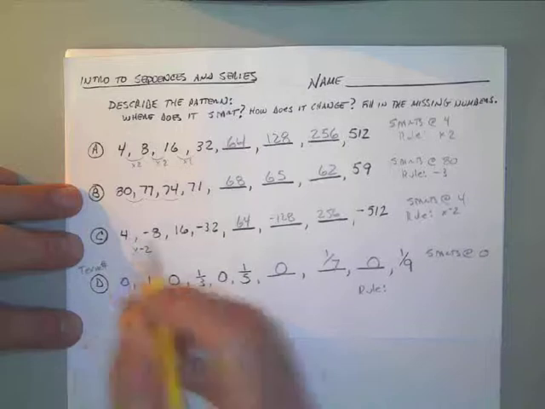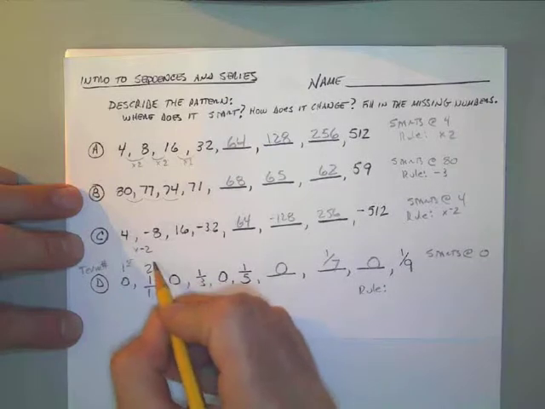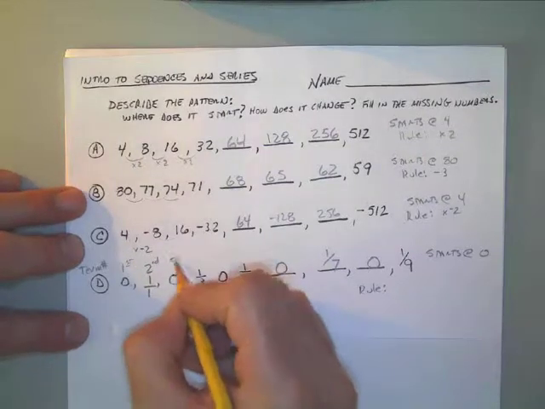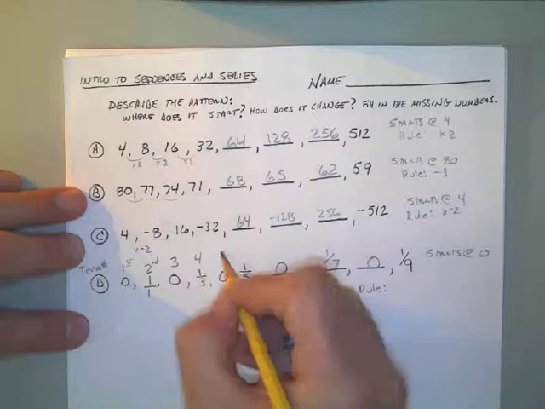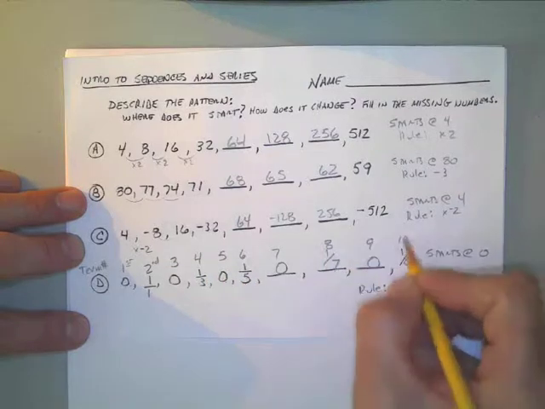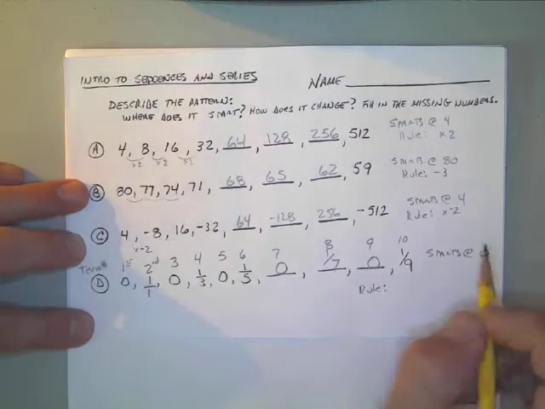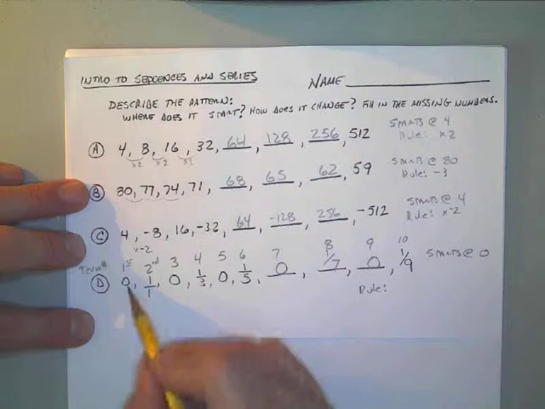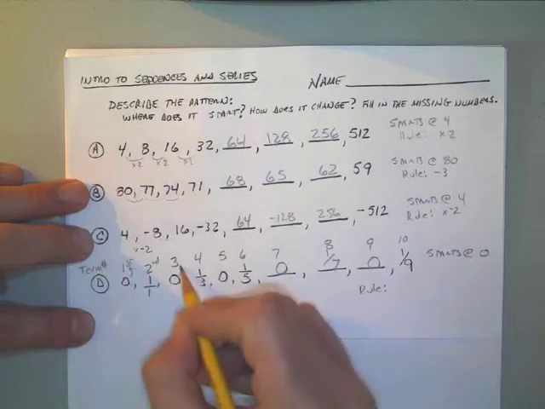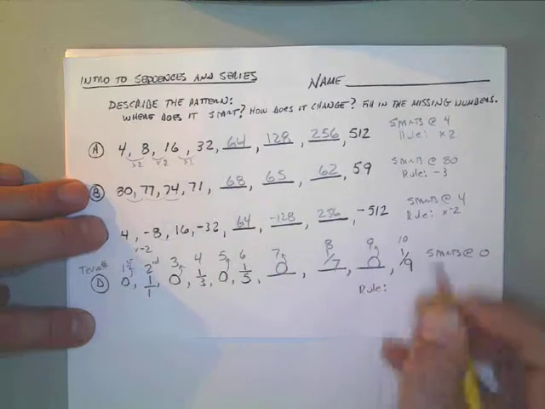So we could say this is the first term, or term number 1, the second term, or term number 2, and then term number 3, 4, 5, 6, 7, 8, 9, and term number 10.